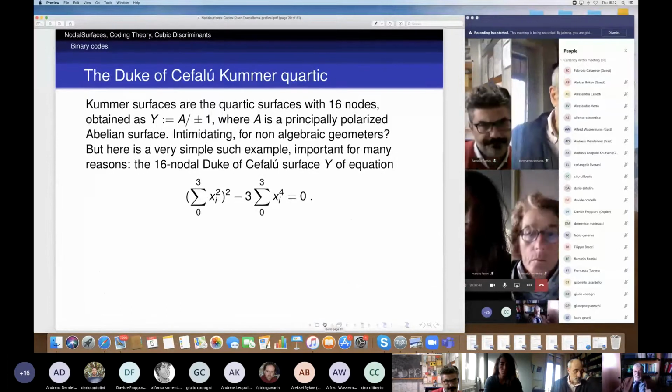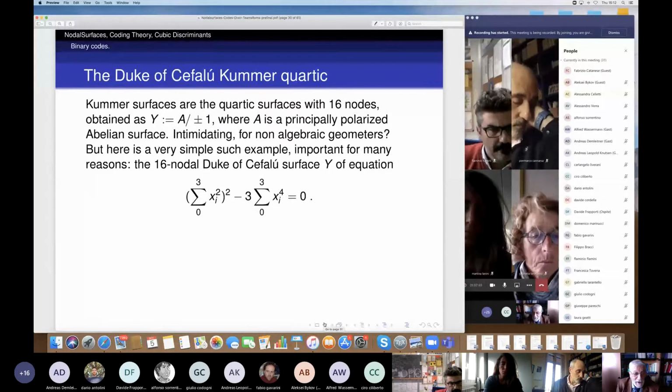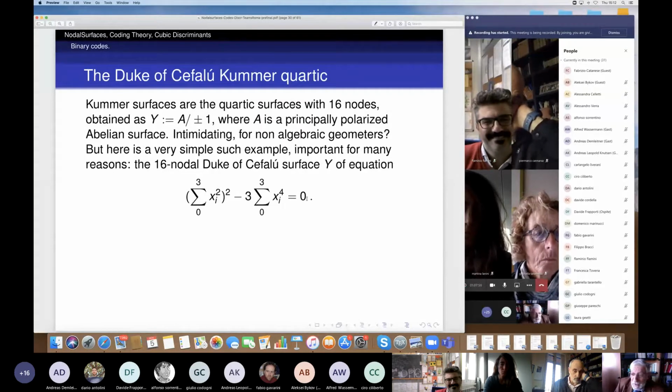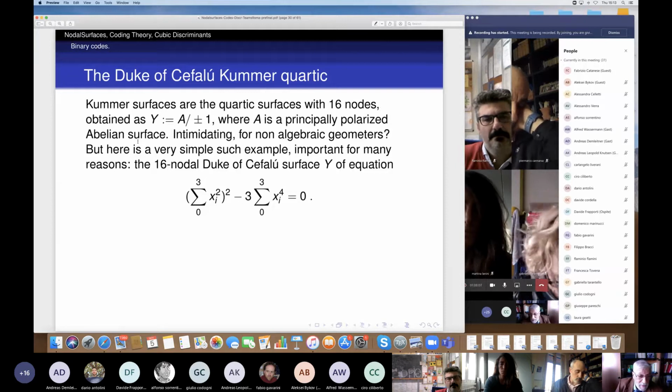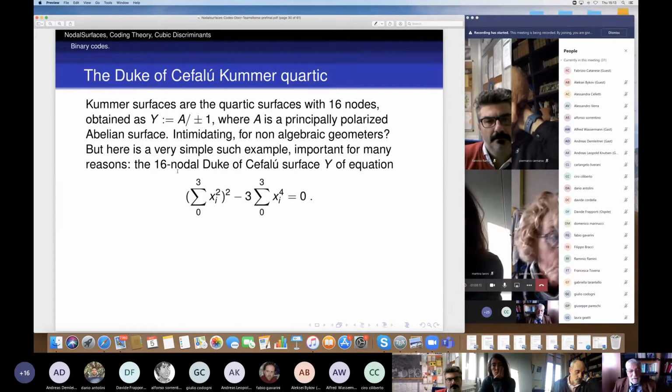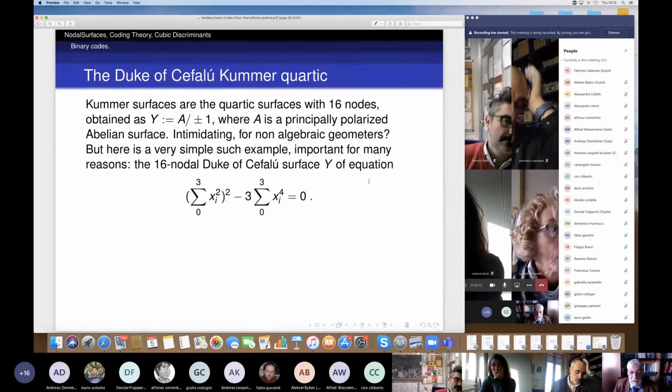My father was born in Cefalù, and so I decided to use this name for this Kummer quartic surface. I mean, they are intimidating. Kummer surfaces are the quartic surfaces with 16 nodes. They are the quotient of a principally polarized abelian surface by ±1. But now, let me give you the simplest example, important for many reasons, of a quartic with 16 double points.